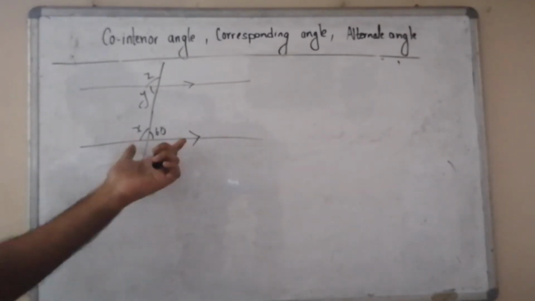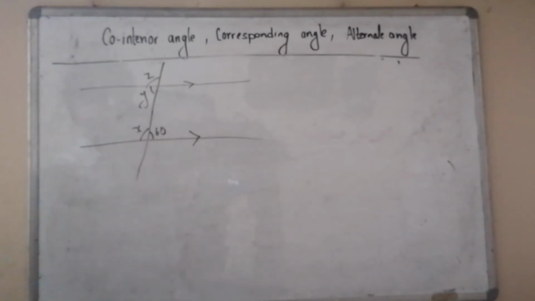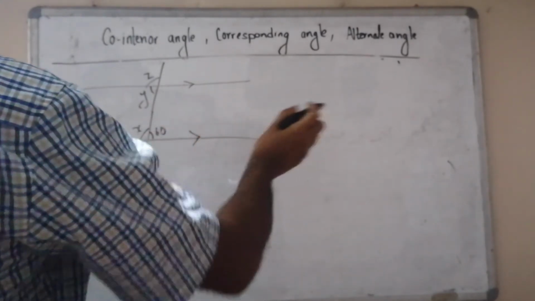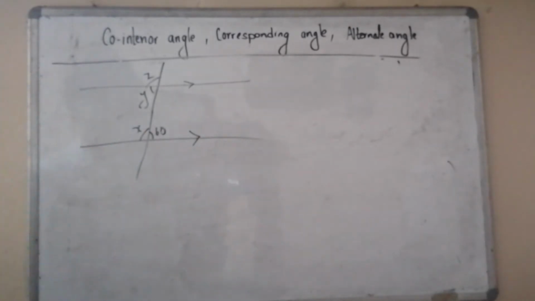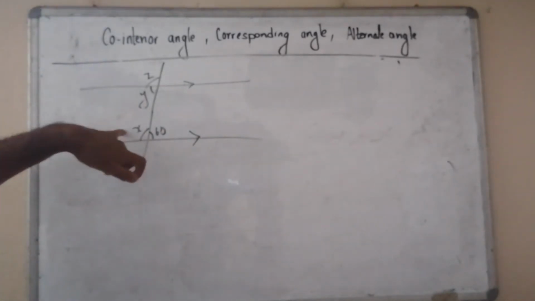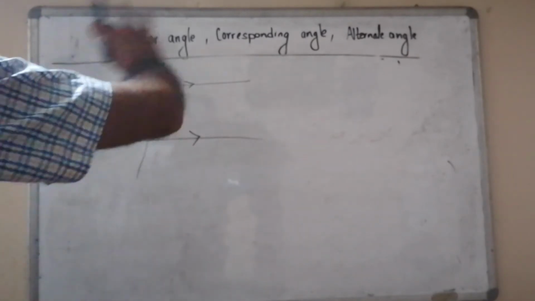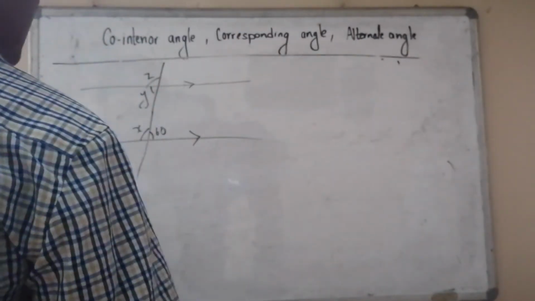So you can see it, if it is 60 degree and this is a straight line, it becomes 120 degree here. x plus 60 is equal to 180, and you can solve it as 120 as a straight line as well, but I'm going to solve it according to this topic.